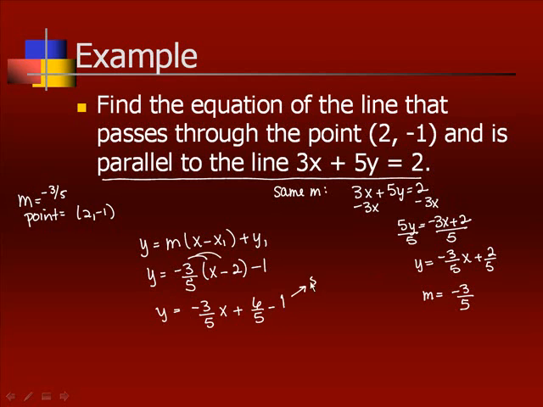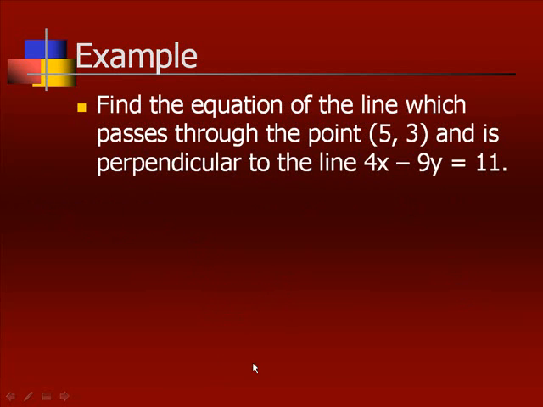But remember, 1 is the same as 5/5. So we get y equals -3/5 x plus, we've got 6/5 minus 5/5, which is 1/5. So there is the equation that passes through the point 2, -1 and is parallel to 3x plus 5y equals 2. Okay, let's do it again.